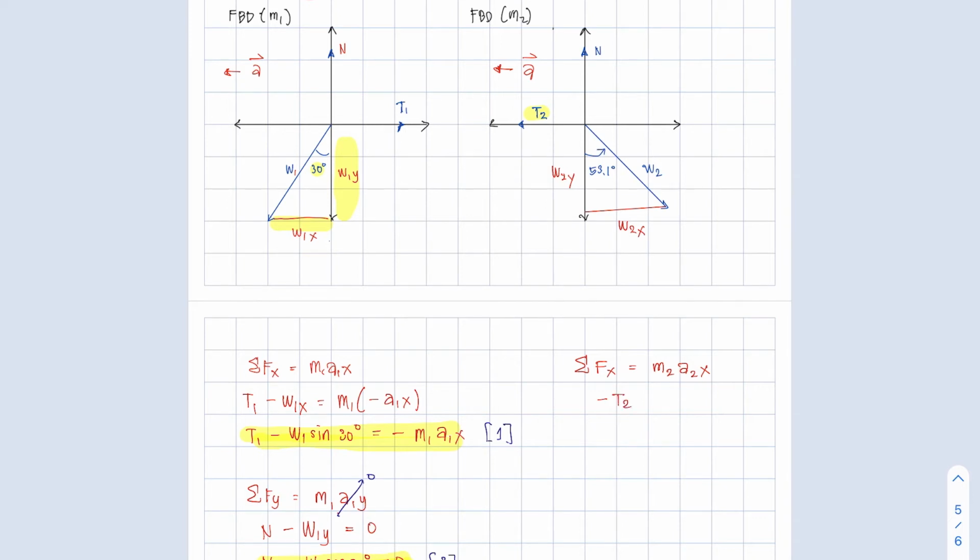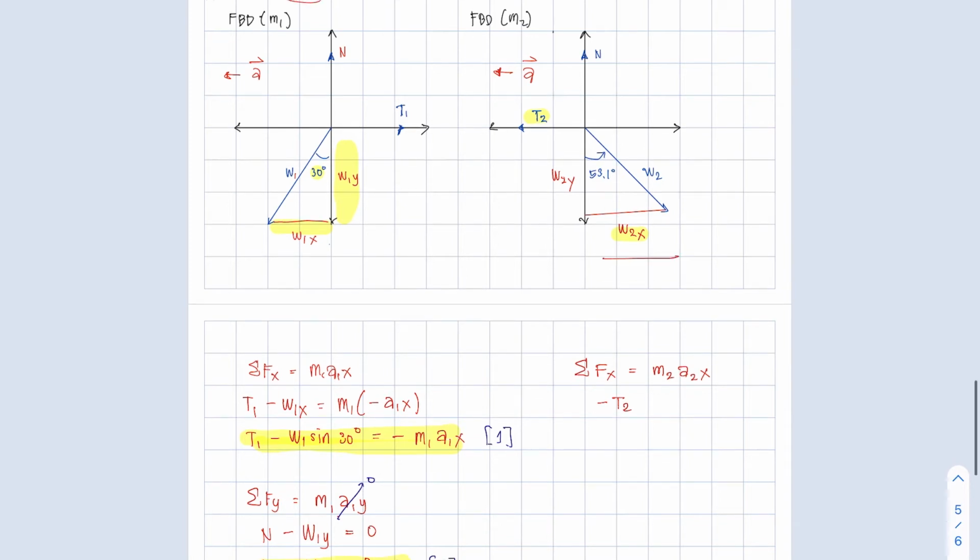So negative T2. And your x component is opposite to 53.1 degrees, and we know if it's opposite, it's the sine function again. Since W2 goes to the right-hand side, where the values of x are positive, its sign is also positive.